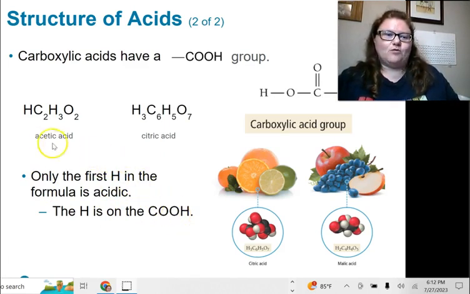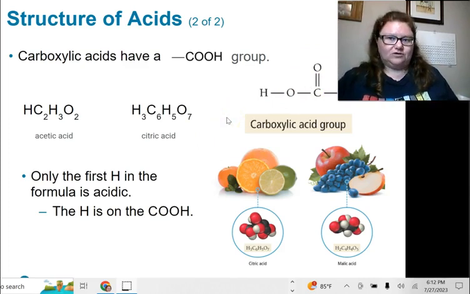Okay, if you look back at these formulas for acetic acid, our vinegar, and then our citric acid over here, there's several hydrogens. And see how they're being separated in the formulas as well? So usually the way formulas are written, they're written left to right in the order that you would write the skeletal structure, like this top picture up here on the right, for those molecules.